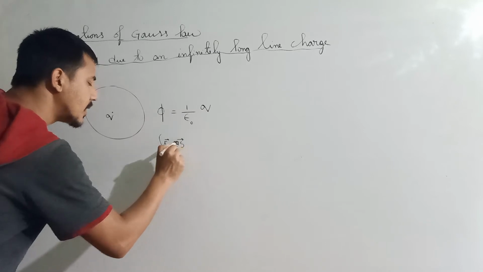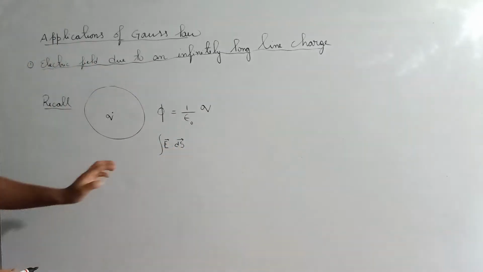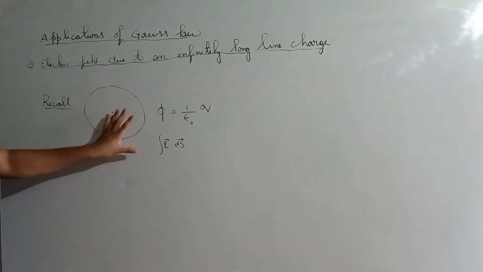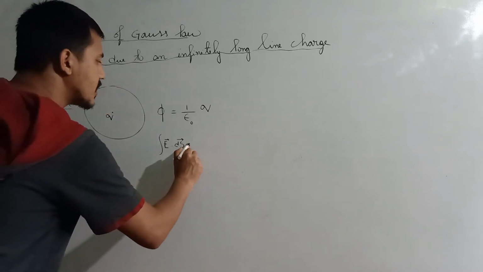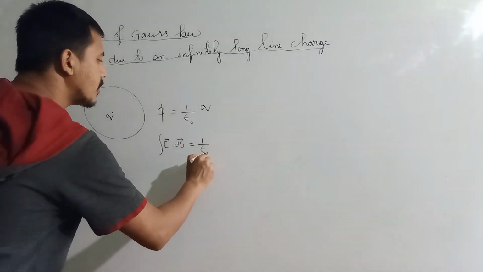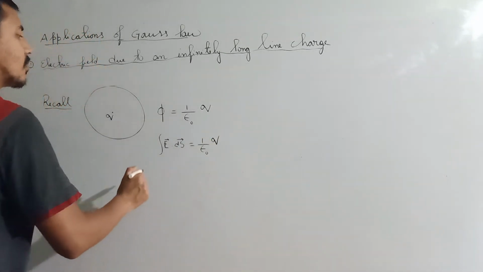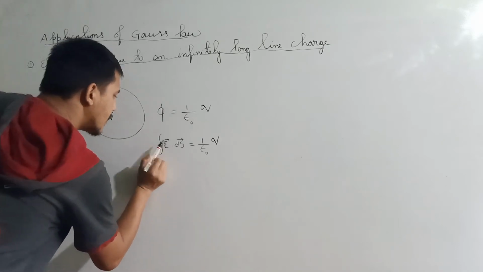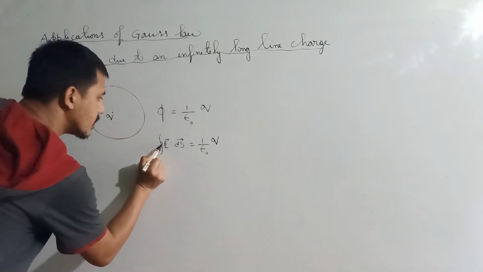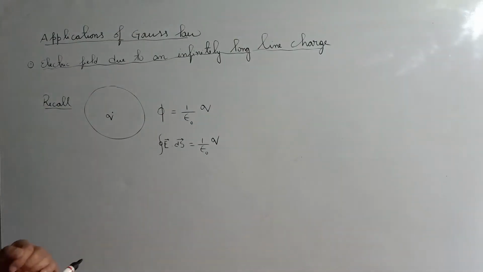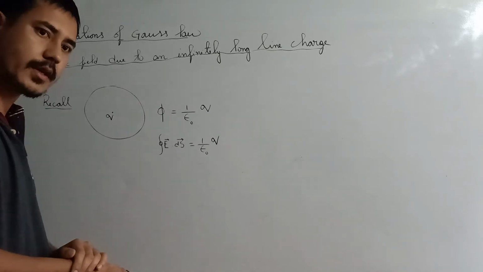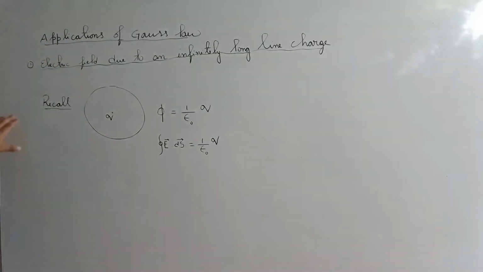Integration of E dot ds means the electric field over the entire surface of the sphere is given by 1 upon epsilon naught times the charge enclosed by the sphere. And since this is a closed surface, that is how we write it, right? Is it okay? So in the last class, this is how we discussed Gauss theorem.